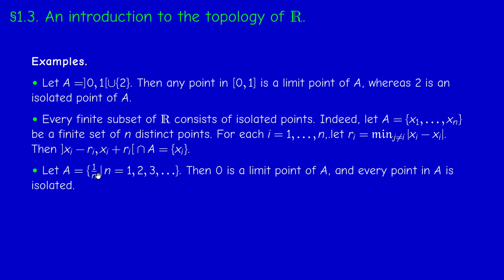For example, take 1 over n and consider the open interval between 1 over n plus 1 and 1 over n minus 1. It meets A only at 1 over n, because 1 over n is the only element of A there. Try to do a picture. So all points of A are isolated, and 0 is the only limit point of A.